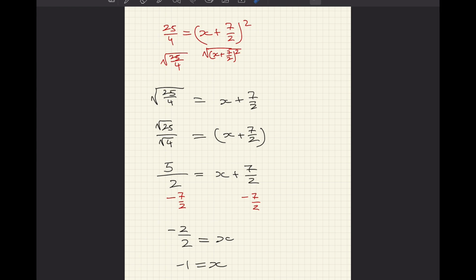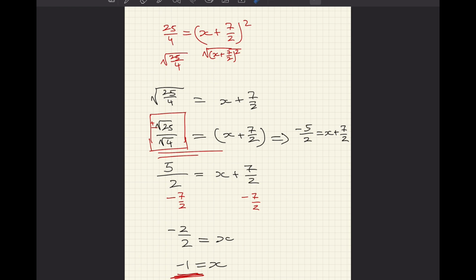But there is another value. If we go up here, this square root function can have both a plus and a minus attached to it. So yes, one of the values is going to be −1, but the other value is going to be −5/2. So if we draw that out over here, −5/2 equals x + 7/2.